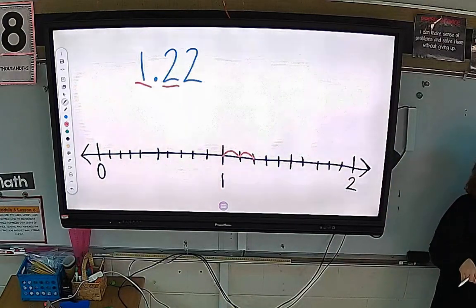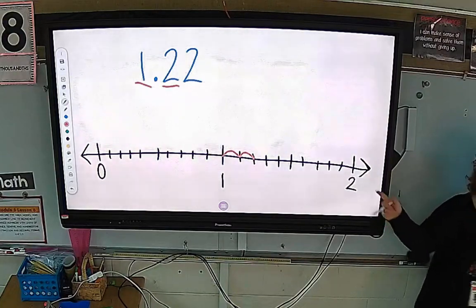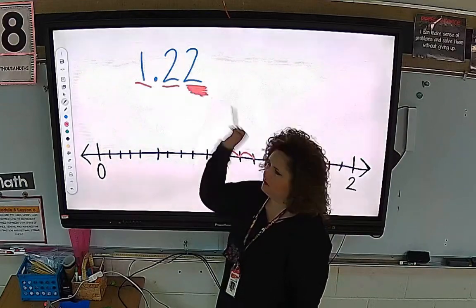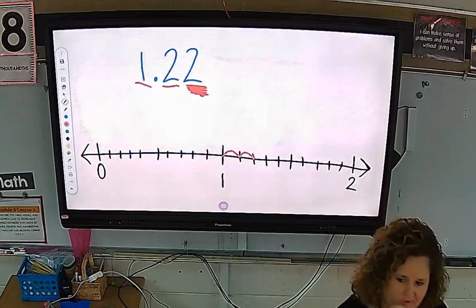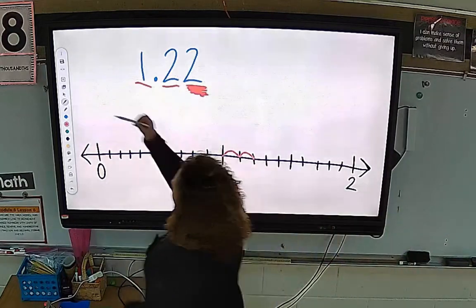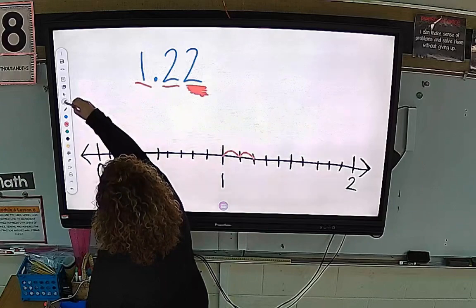But I think we are wise enough to also know that's not where we need to land because of this right here. What do we do about that? I'm going to have to pull out my little precision tools here.